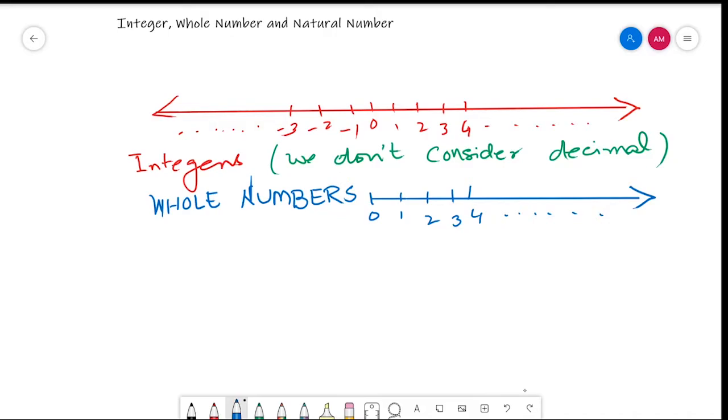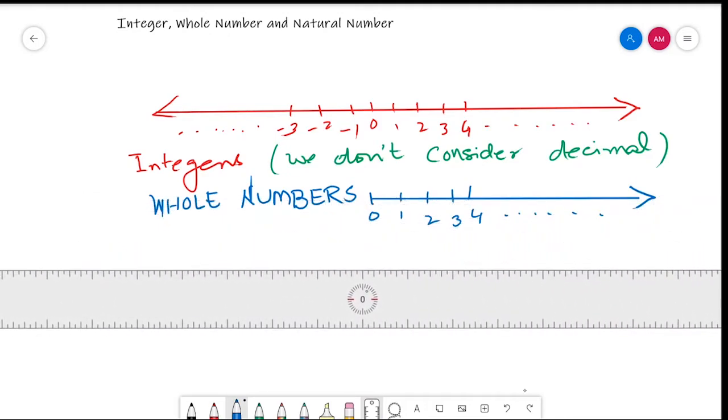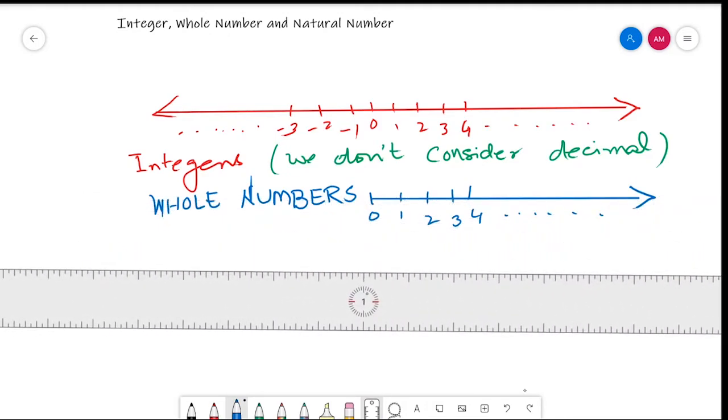Let's draw another line and see what we have. I take a green color and it starts from 1. So it starts from 1 and goes on.